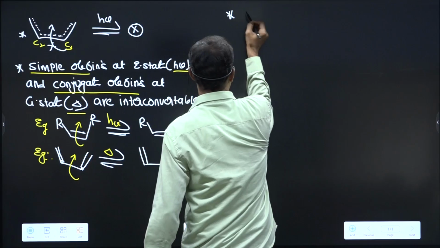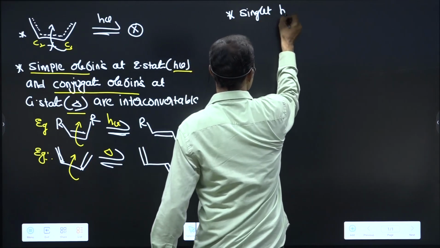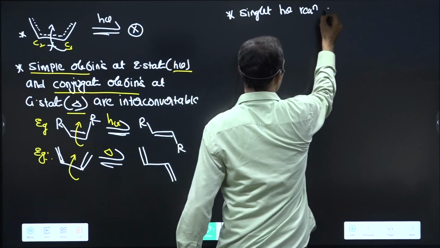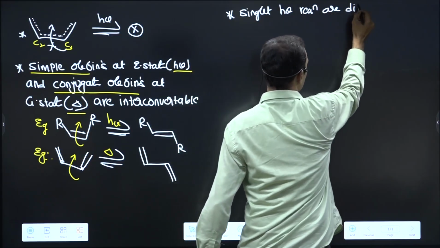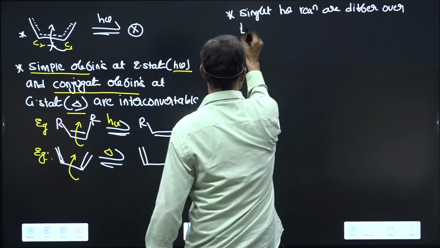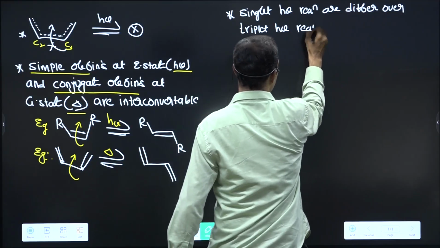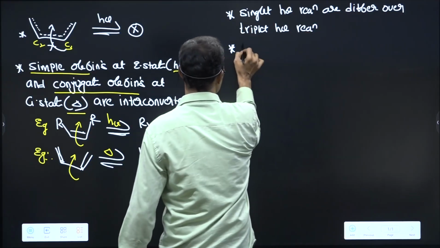So now diene has two characters, singlet and triplet. So I can say singlet photochemical reactions differ from triplet photochemical reactions. So what about the reaction excited state?